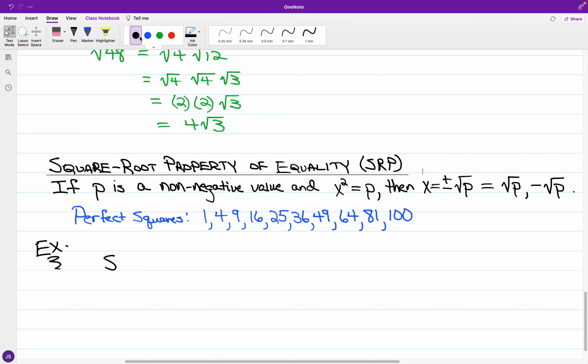And let's say that if you're solving by using the square root property of equality, also reduce radicals where possible, or reduce radicals where they exist.